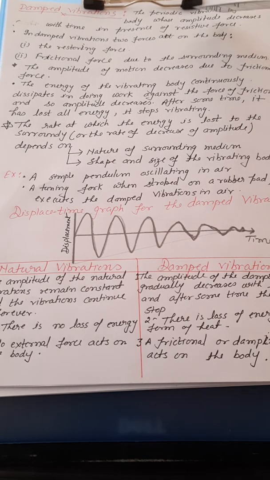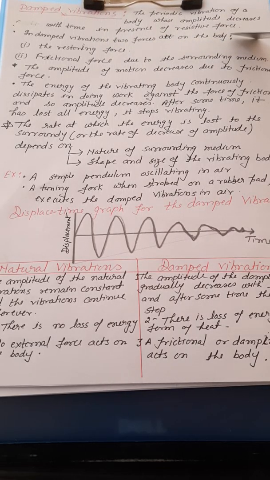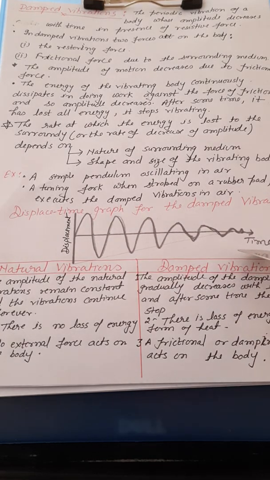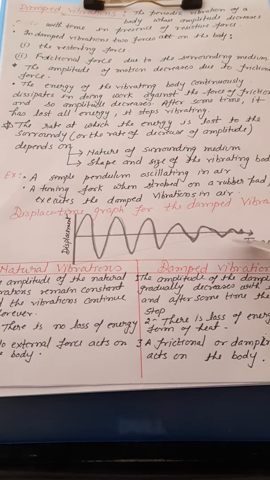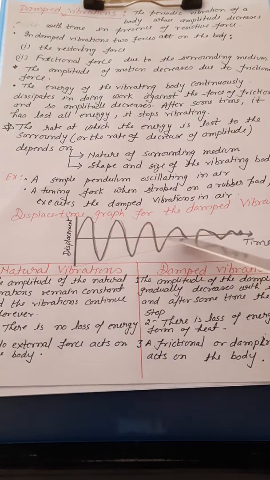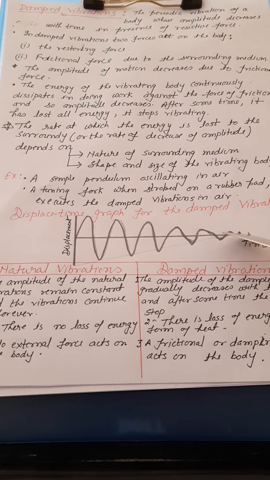Again I am repeating, the periodic vibration of a body whose amplitude decreases with time in the presence of resistive force. Here we look at the displacement-time graph for damped vibration. Amplitude is continuously decreasing with time, and after some time it is zero. Vibration stops.